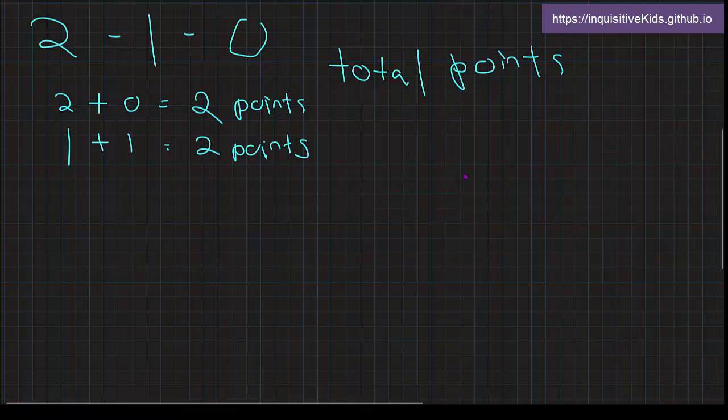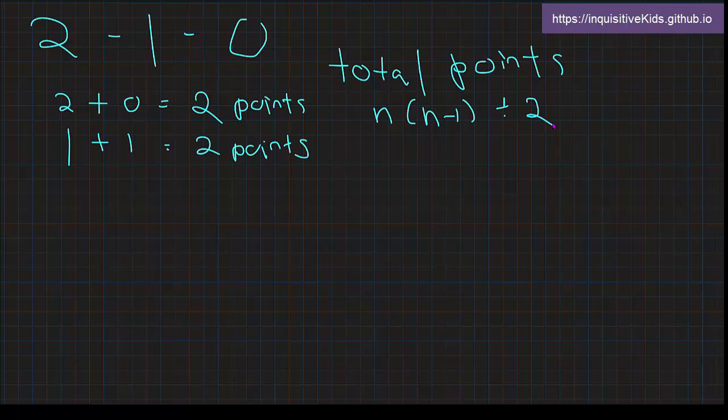Do you still remember how to find that for round robins? That would be n times n minus 1 divided by 2, n being the amount of teams there are. In this problem, there are 4 kids competing against one another. So that would be 4 times 4 minus 1, and then divided by 2.